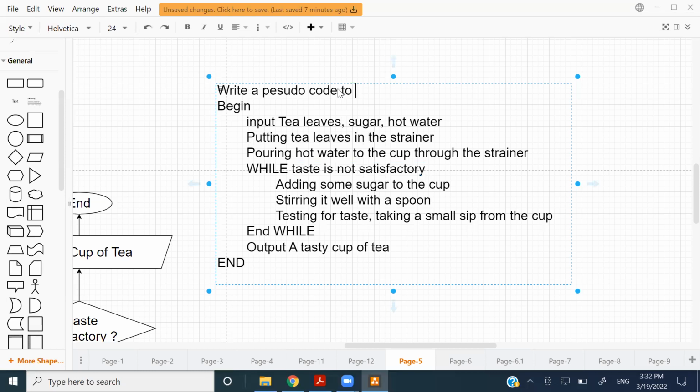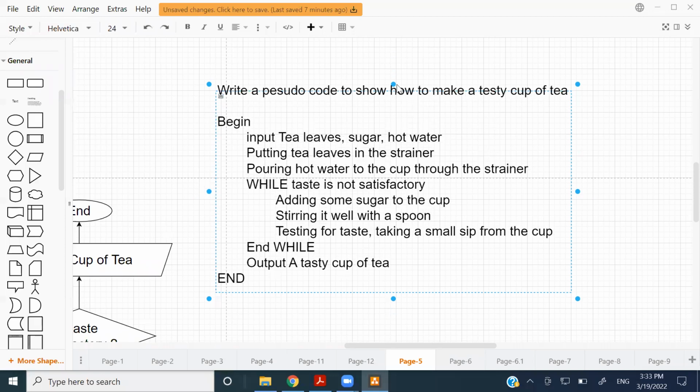Write a pseudocode to make a tasty cup of tea. Okay, so with that question, you can write.